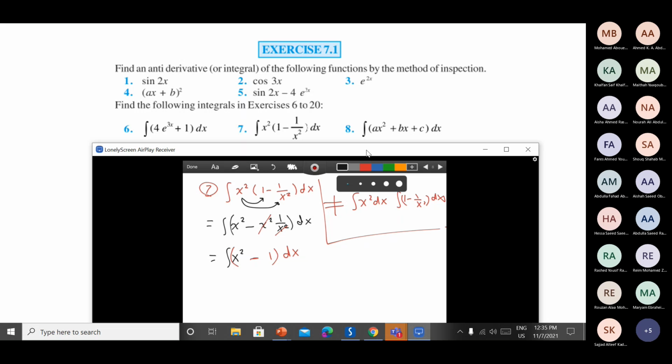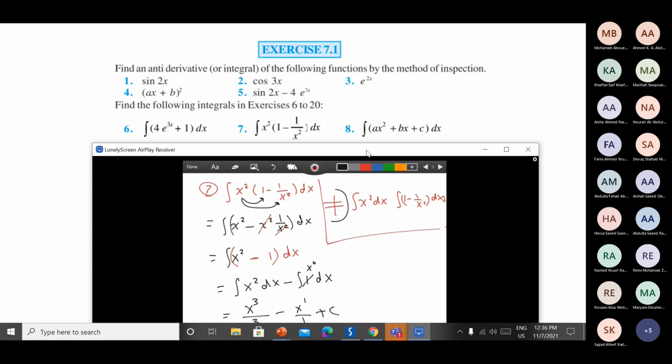Now I can distribute the integration. So I can integrate x squared dx minus the integration of 1 dx. As I said, 1 is x to the power 0 if you like, right? And how to integrate x to any power? You add 1 to the power, so it will be 3, and divided by the new power, minus, I add 1 to the power, so I'll have 1 over 1 plus c. So the integration will be 1 over 3 x cubed minus x plus c.